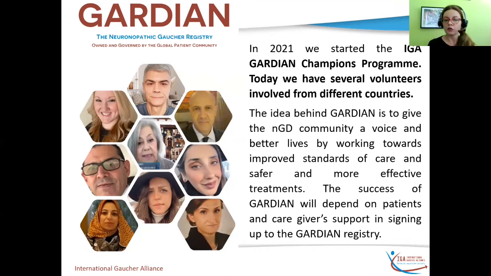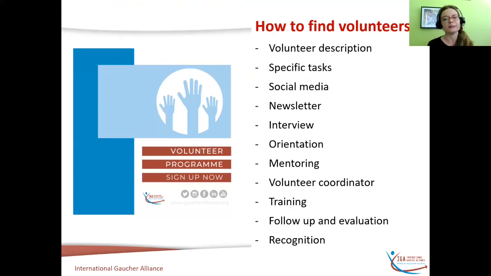So we have doctors, patients, medical students and researchers, and parents and caregivers helping us to actually make this registry a success. We just launched this at the end of April, and we already have people registering step by step. It's going to be amazing. I can't wait to see what happens.